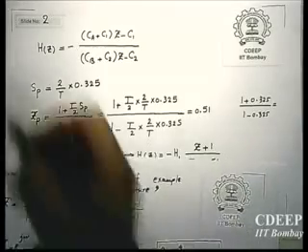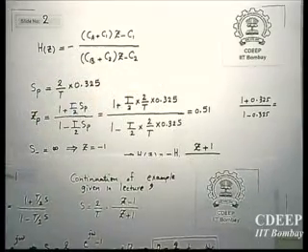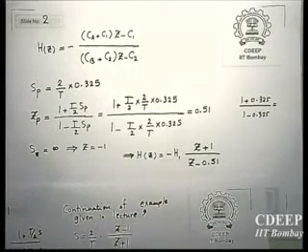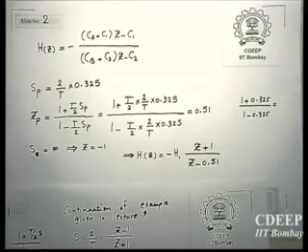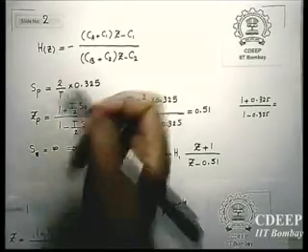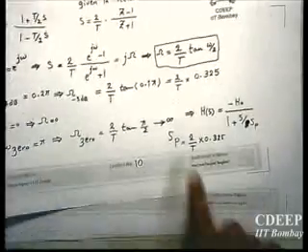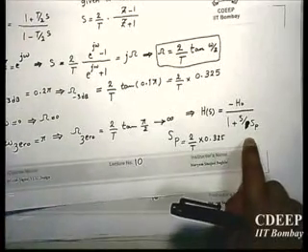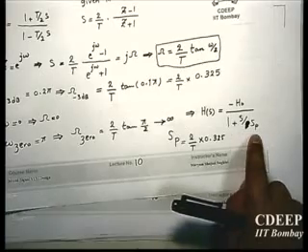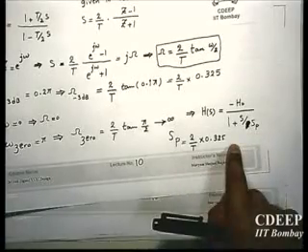Okay, so therefore here actually, what will happen is this SP is this coefficient, this location of the pole, but the pole is at minus SP. Correct.